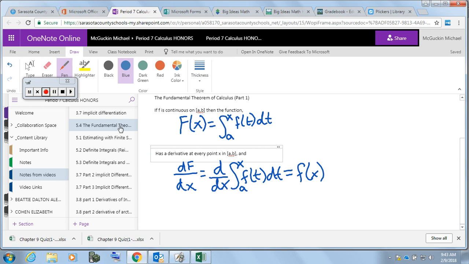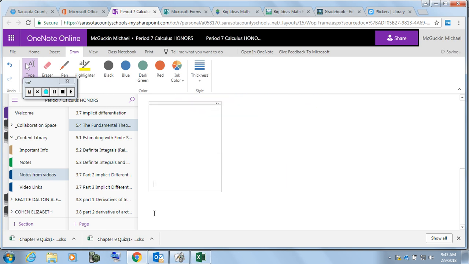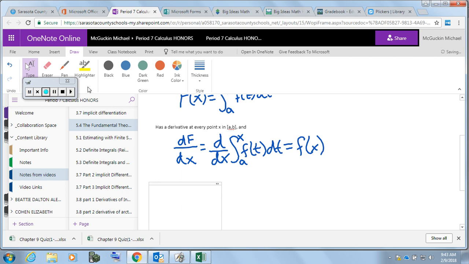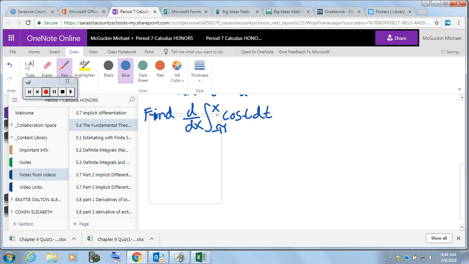Let's say we want to find the following integrals: d dx of the integral from negative pi to x of cosine t dt, and d dx of the integral from 0 to x of 1 over 1 plus t squared dt.